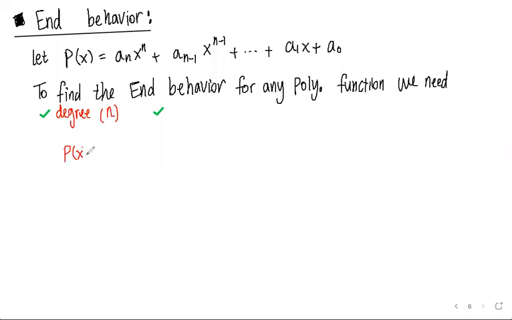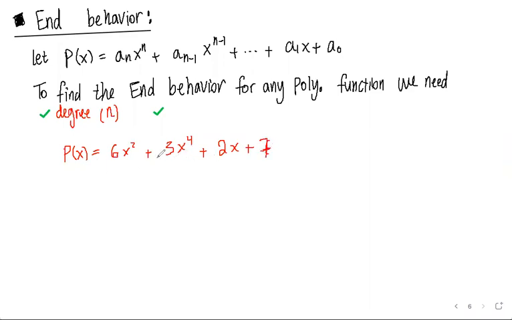Is it the highest level of exponent? Yes, exactly. It's the highest power of the exponent. Like if my b of x equals, for example, 6x squared plus 3x to the power 4 plus 2x plus 0 plus 7.